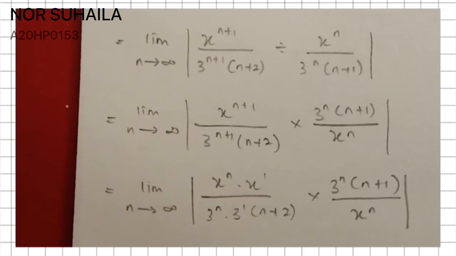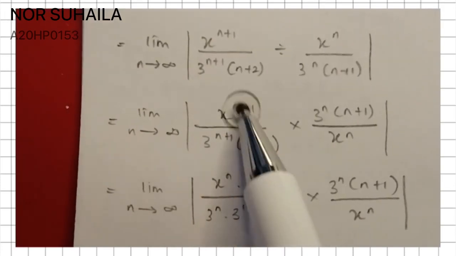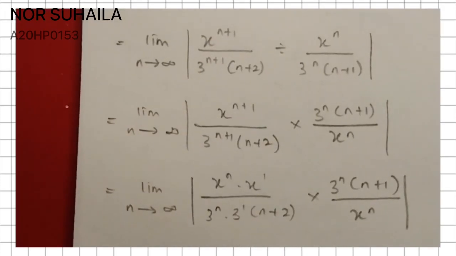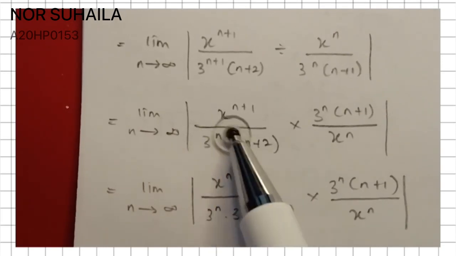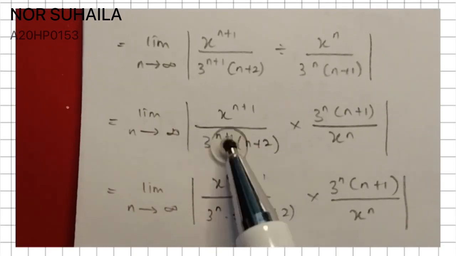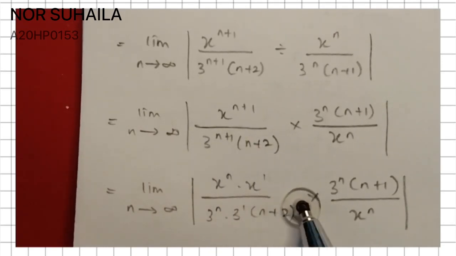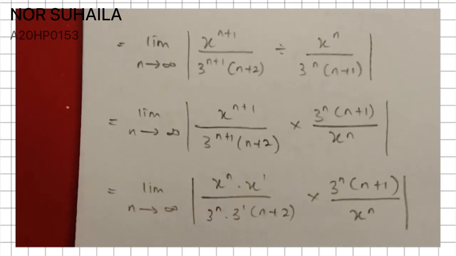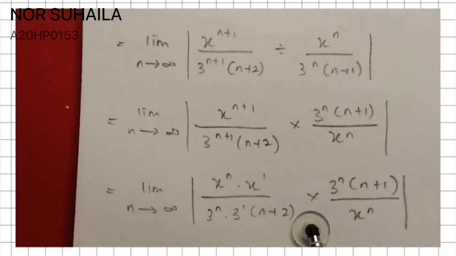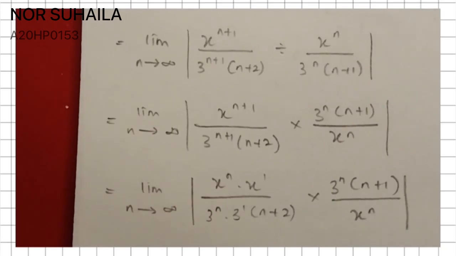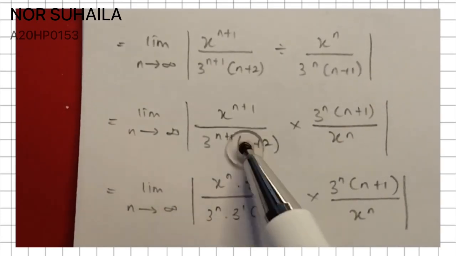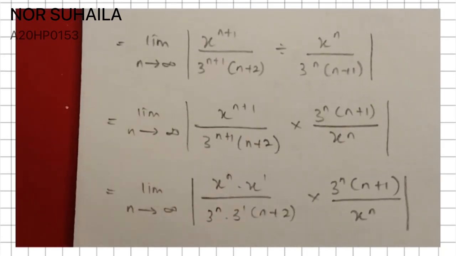The next step is to divide the two parts, x^(n+1) and x^n, and the 3 powers, and then we just cancel x^n.